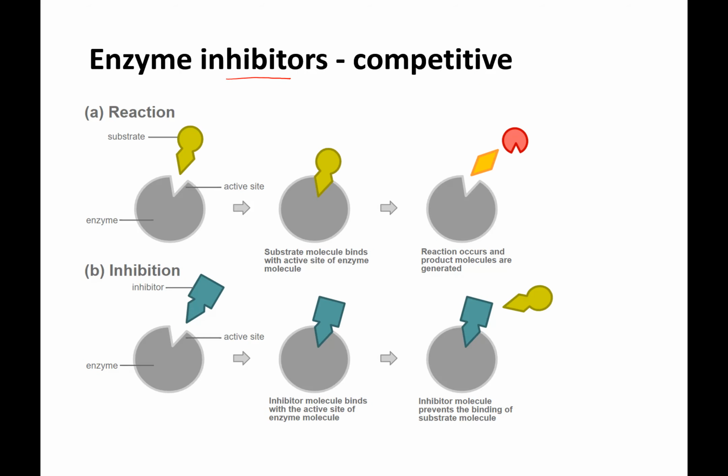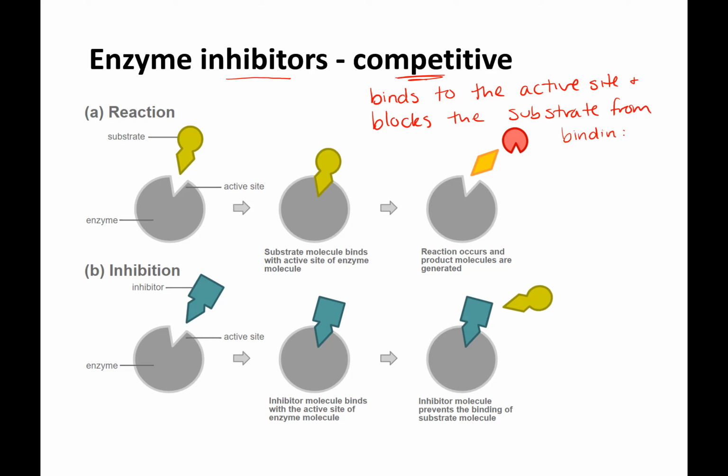Okay, so now let's talk about a competitive inhibitor. A competitive inhibitor binds to the active site and physically blocks the substrate from binding. So that is how a competitive inhibitor inhibits the enzyme, because here's the normal reaction. We have a substrate, and you can see specificity, right?